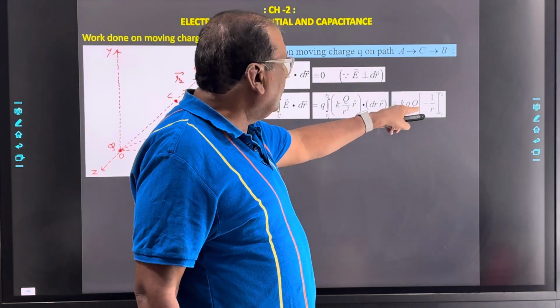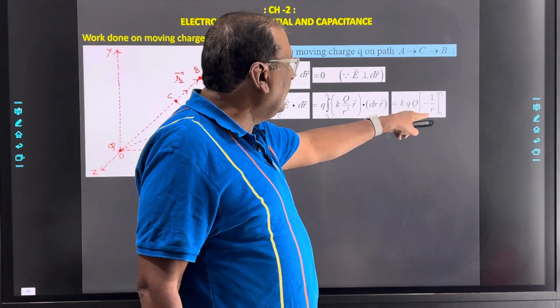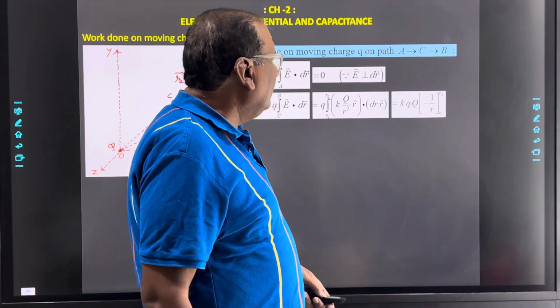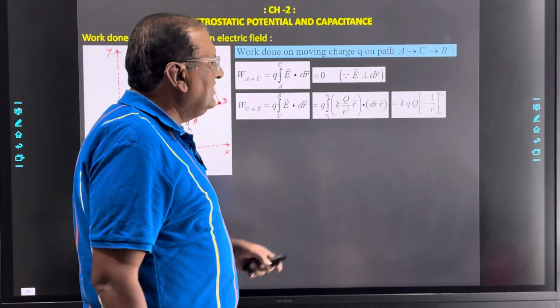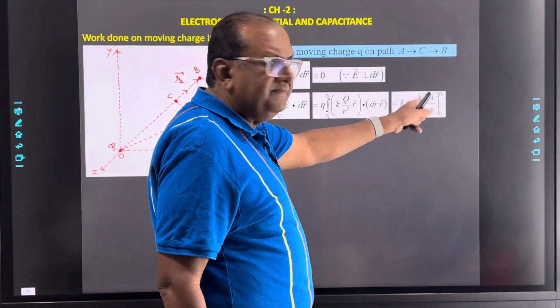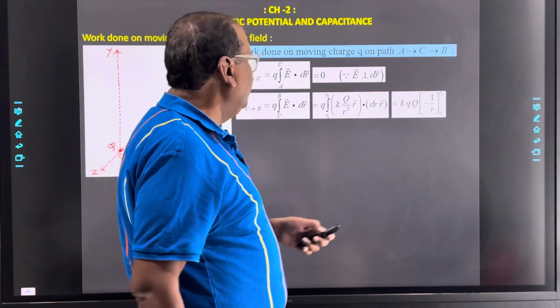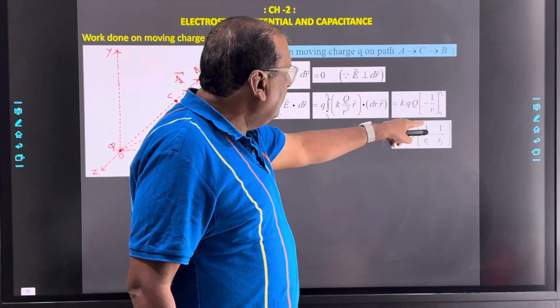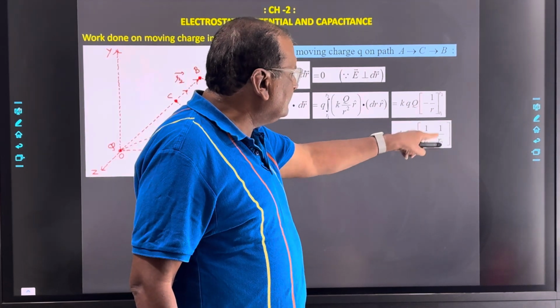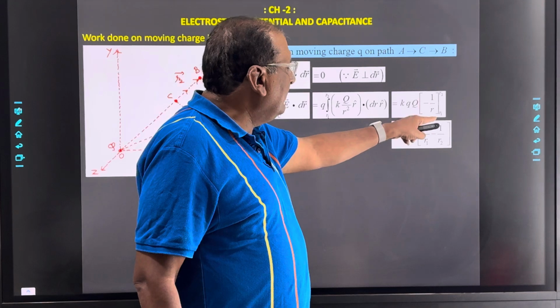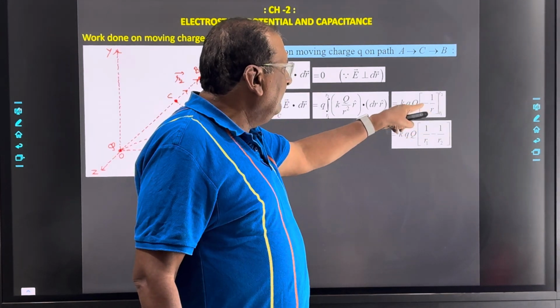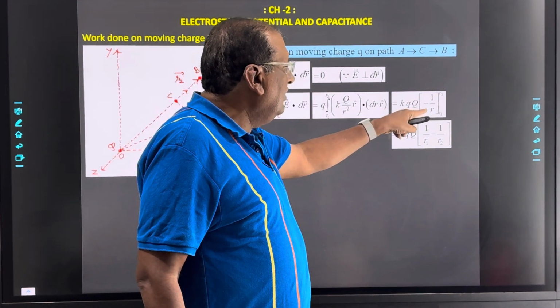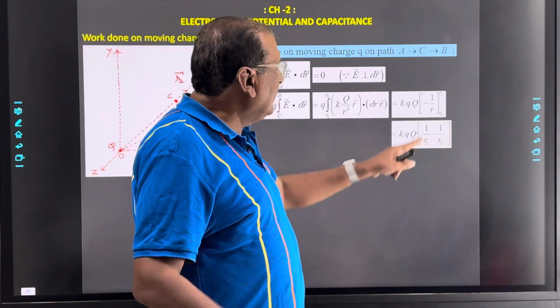So we can take the integration of 1 upon R square, that is minus 1 upon R. Take the limits R1, R2, then substitute the limits: first upper limit, then minus lower limit. So this is equal to kQq into 1 upon R1 minus 1 upon R2, because when we take the upper limit we get minus 1 upon R2, then minus the lower limit gives plus 1 upon R1.